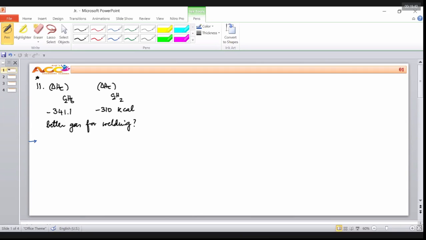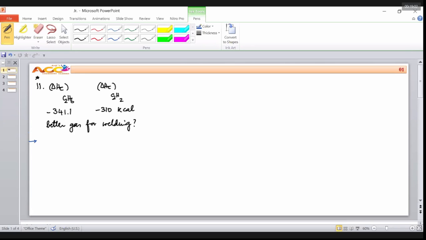Sir, it should be portable, it should have fewer byproducts, it should not have dangerous byproducts. That is all secondary, that is not required for me as a physical chemistry person. If energy released per unit mass is more, calorific value is said to be more. Higher the calorific value, more is the efficiency of the fuel.